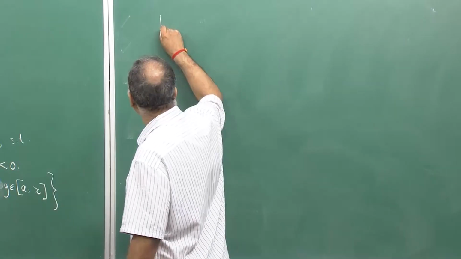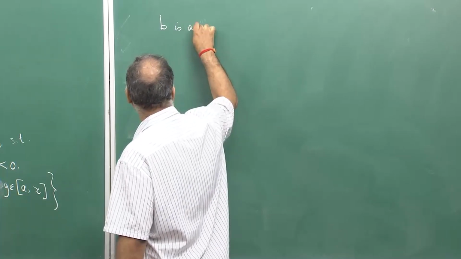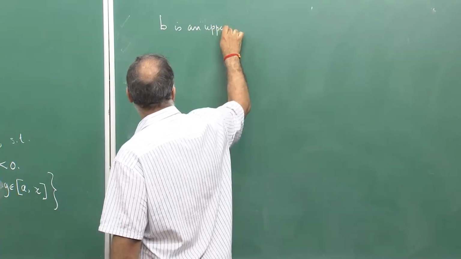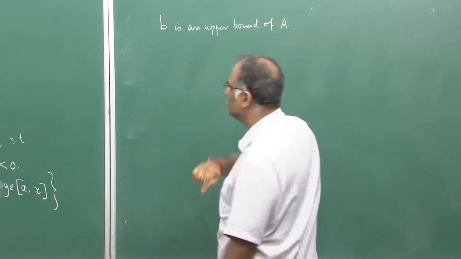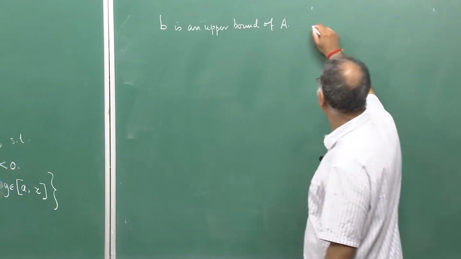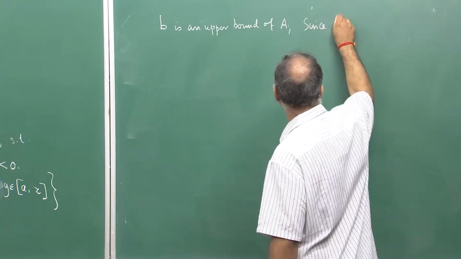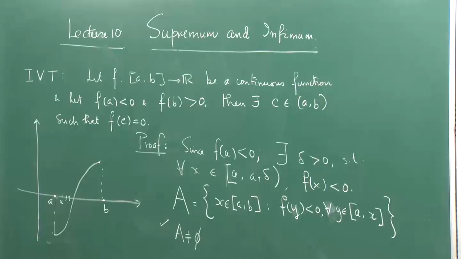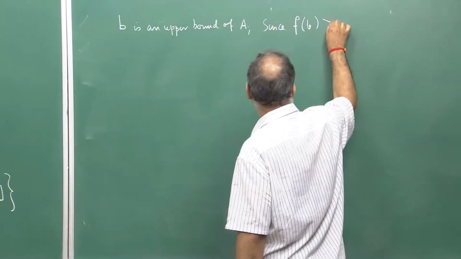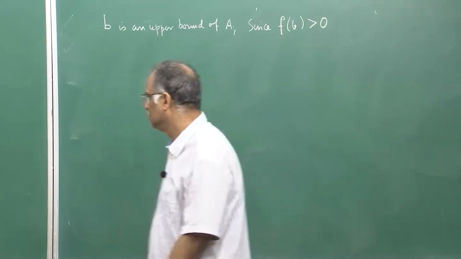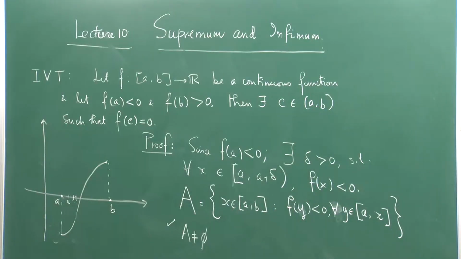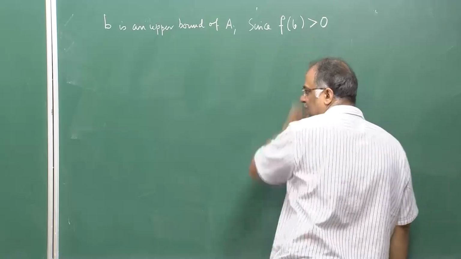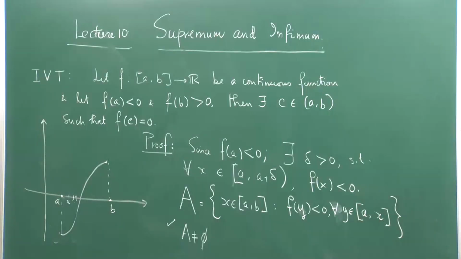Because you see, b is an upper bound of A. Since f of b is strictly bigger than 0, because for all values there the function value is strictly less than 0. Please understand this point, that b has to be an upper bound, because b cannot be included in this set.